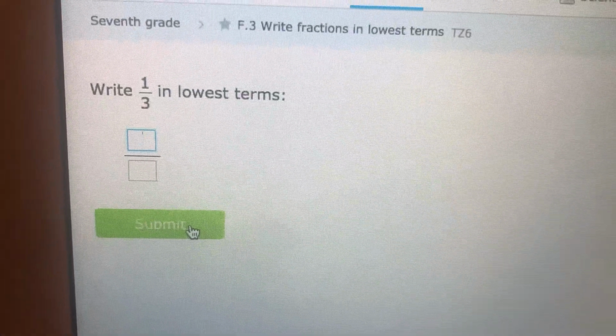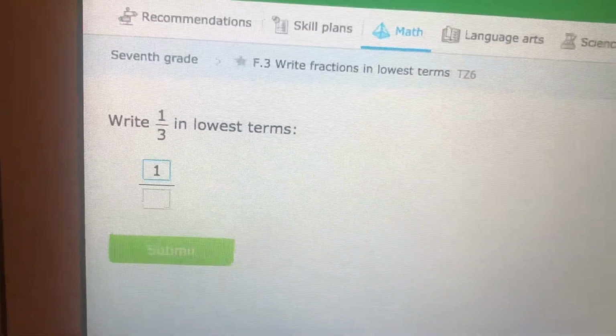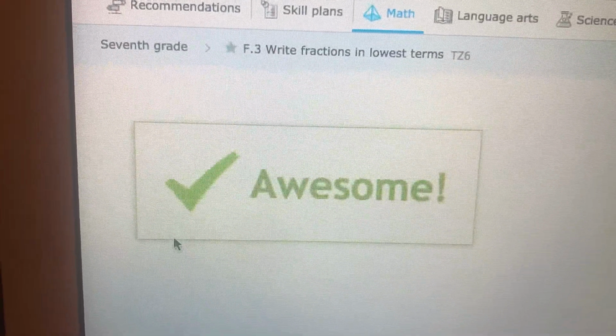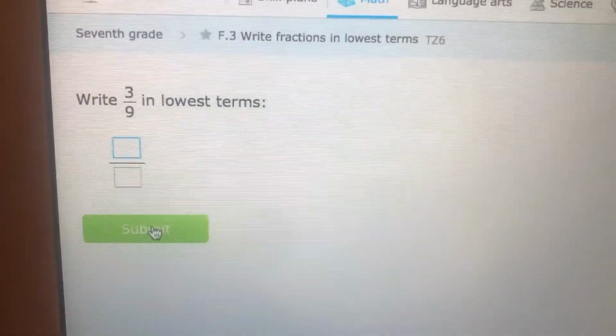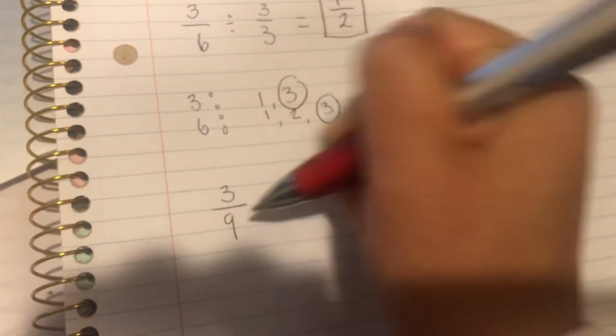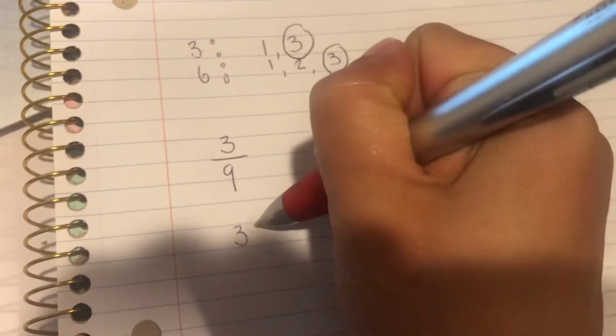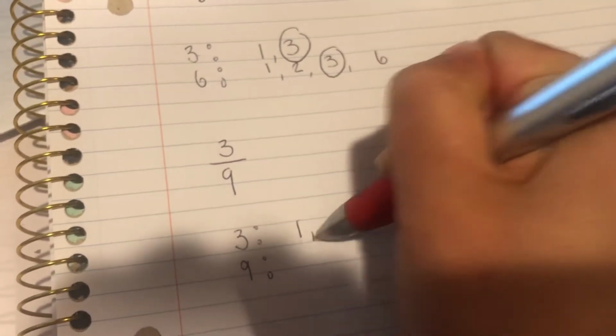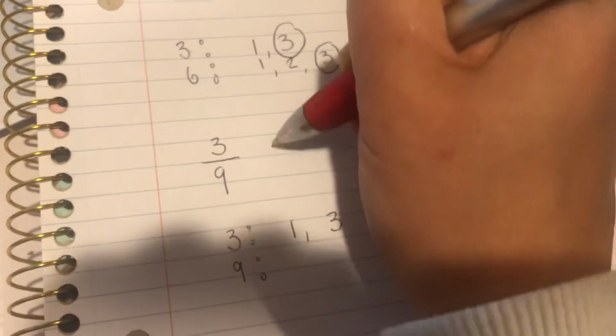All right, and so you just keep going. And like I said, some of you might already know how to do this. This is just practice, right? So the last one, I'm going to just quickly go over. You got 3/9. And so here, like we said, all you got to do is find the greatest common factor between 3 and 9.